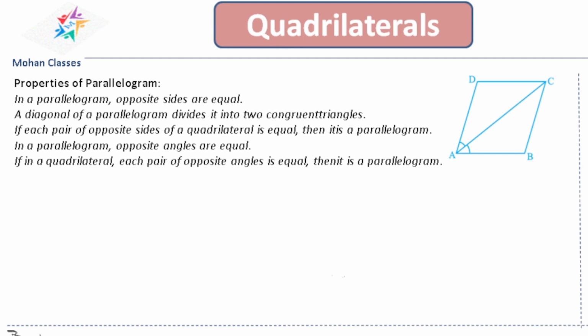Here we are going to see the diagonal will bisect a parallelogram into 2 congruent triangles. So let us take ABCD is a parallelogram. Here AC is the diagonal.